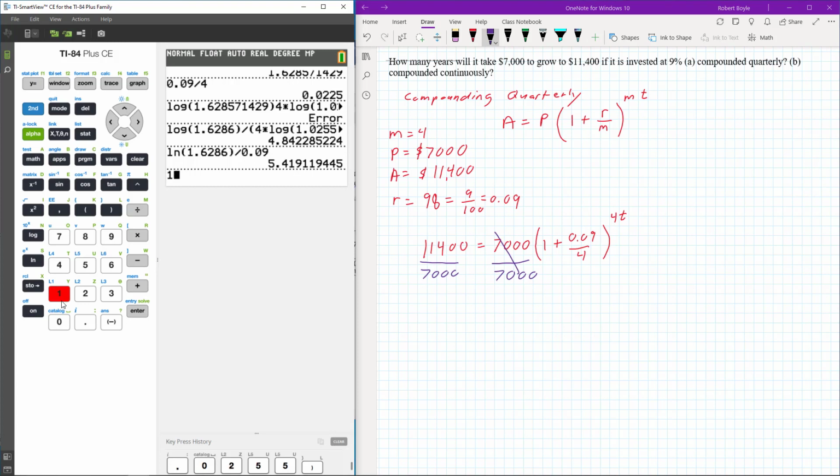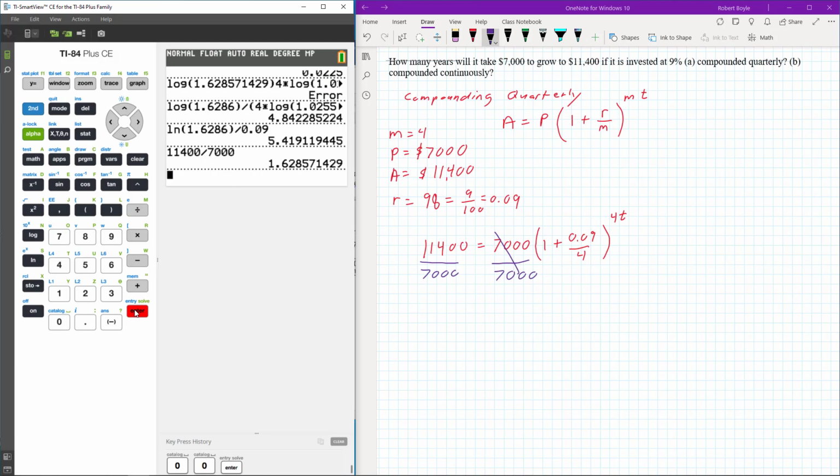That is going to be 11,400 divided by 7,000, and that will give us 1.62857. We're just going to round that to 1.62856.